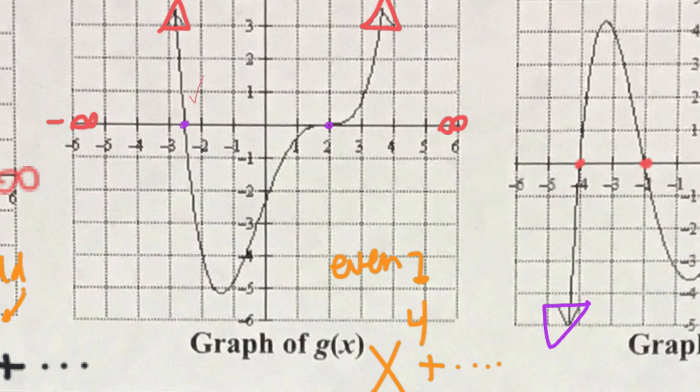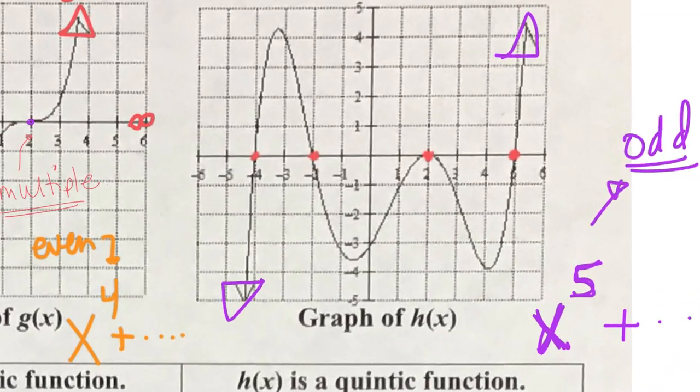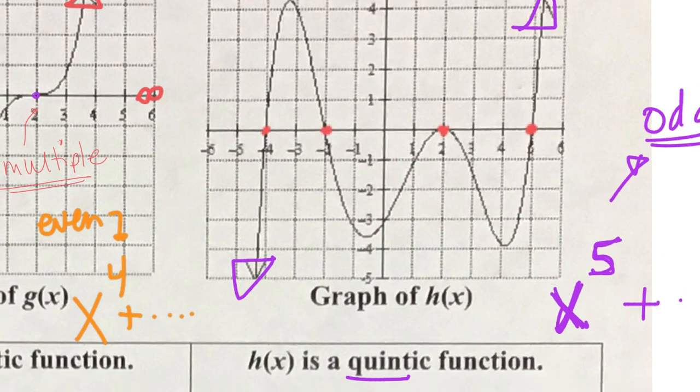Only twice, which means one of these has to be a multiple root. That's what multiplicity is about: one of the zeros is a solution multiple times. Here we have 1, 2, 3, 4, but we're supposed to have 5, so one of these is going to be a multiple root.